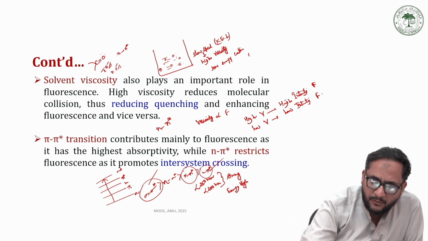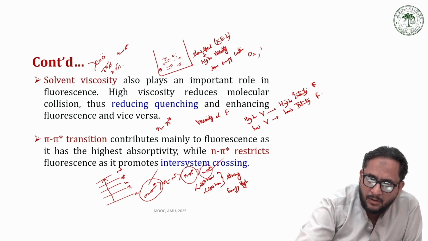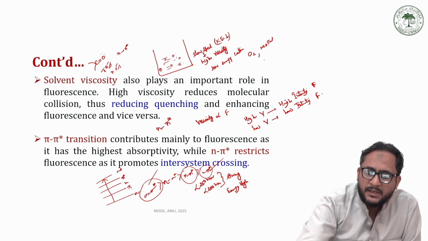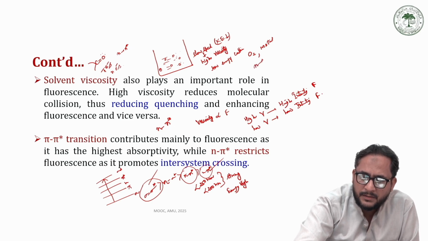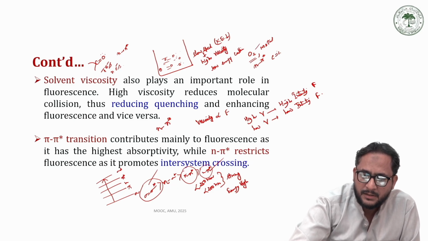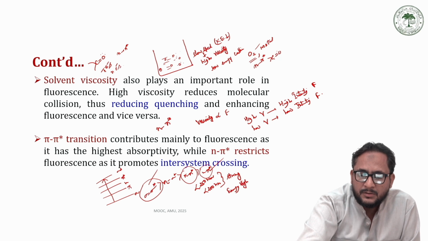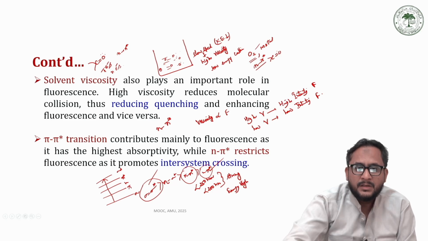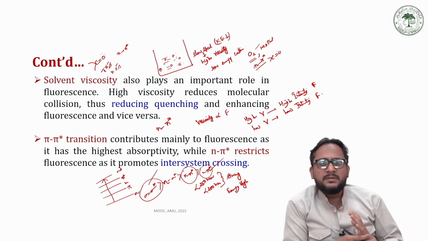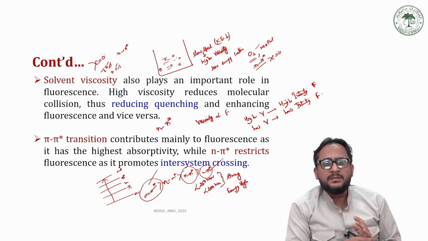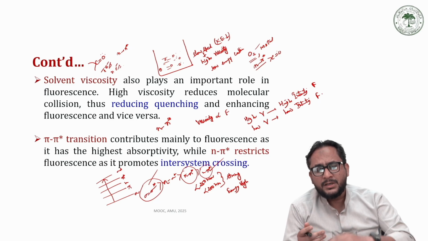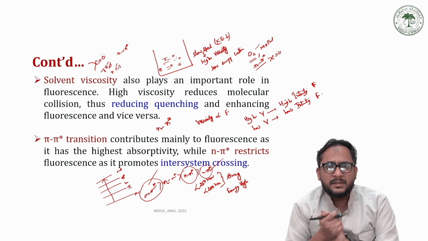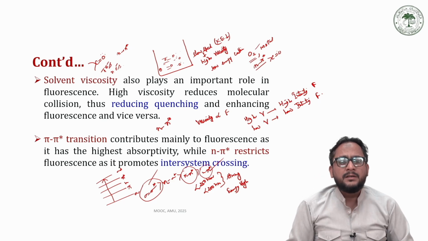So just like the presence of oxygen, which is a paramagnetic species, or a metal, if we have an n to pi star transition taking place in our sample, as in the example of a carbonyl compound, since it requires the lowest amount of energy among all the possible transitions, the energy is not enough to cause fluorescence, and such a transition rather supports intersystem crossing.